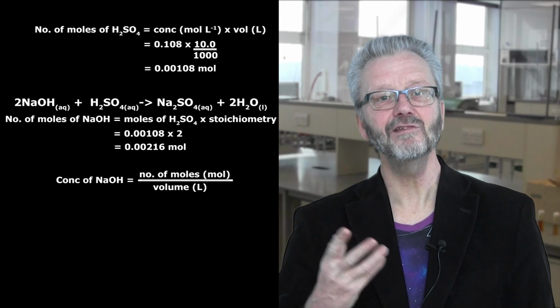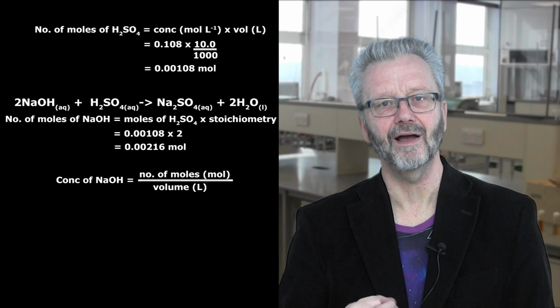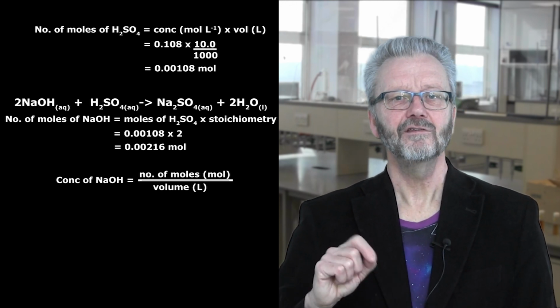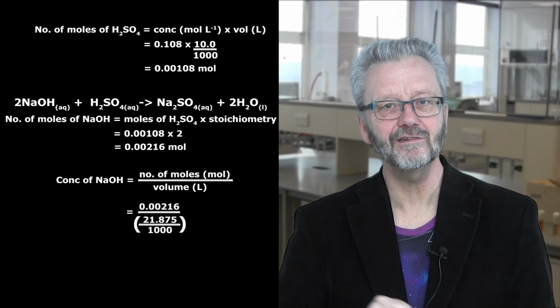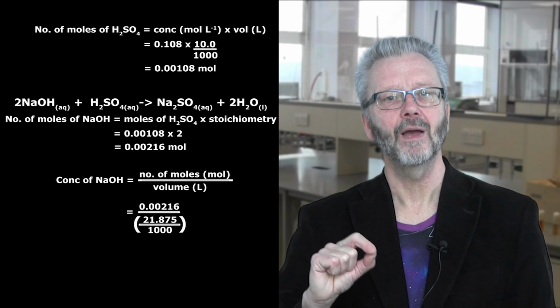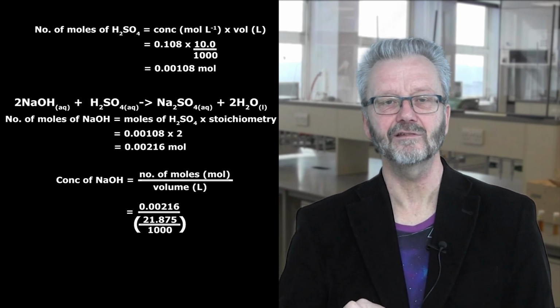Again, our volume is in millilitres, so we convert it to litres by dividing by 1,000. In this example, this means 0.00216 moles divided by 21.875 millilitres divided by 1,000 to convert the volume to litres.